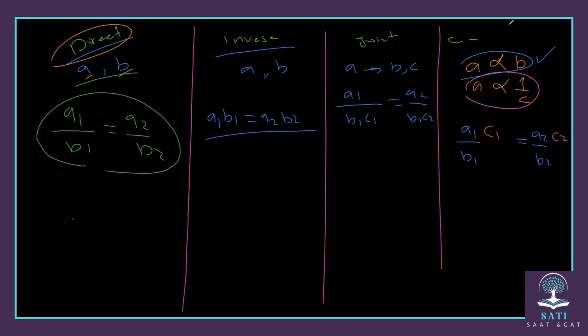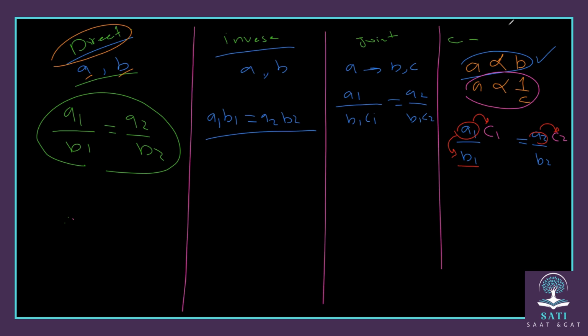So as you see, A with C is multiplication, which means it is inversely proportional with C. And A with B is division, so it is directly proportional. So if you have any text that tells you one is inversely related to another and one is directly related to another, remember that when it is inversely proportional, you write it as multiplication, and when it is directly proportional, you write it as division.